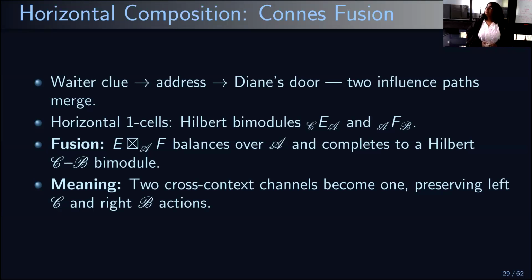Once you do the fusion, you have something that's balancing the C and B algebras. So that's what the contribution does. Basically two channels of different contexts become one, and they preserve each other's left and right actions. This ends up being pretty useful when you're talking about von Neumann algebras and algebraic quantum field theories in general.